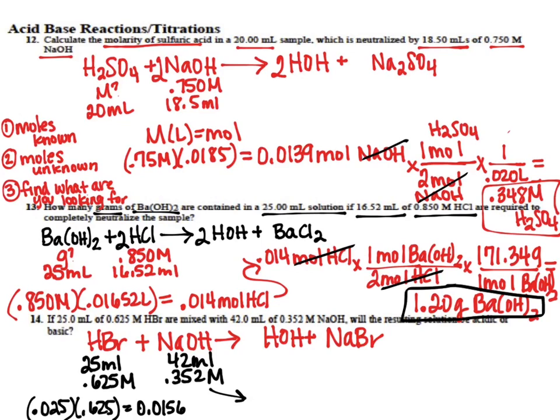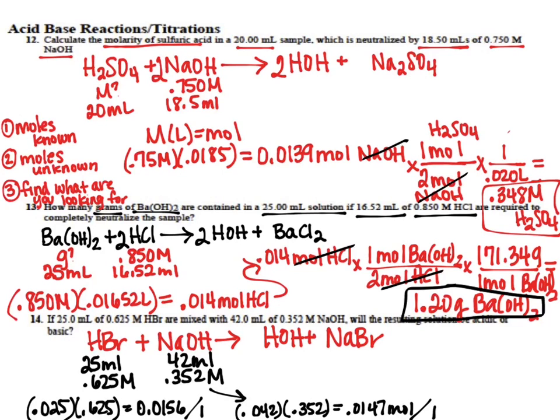If I do the same for NaOH, I take 0.042 times 0.352, I get 0.0147 moles. Now we need to divide each one by its ratio or its coefficient, which in this case is 1.